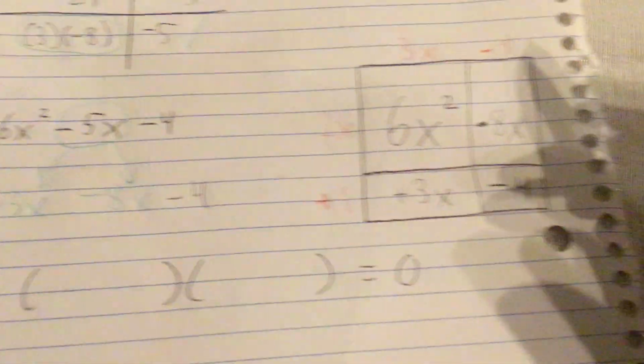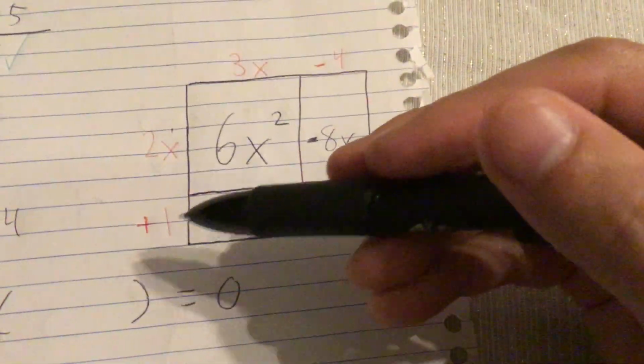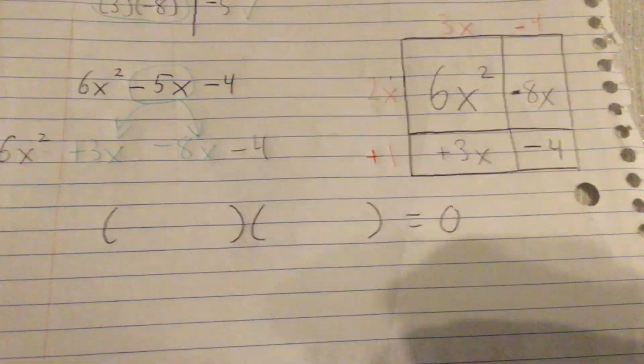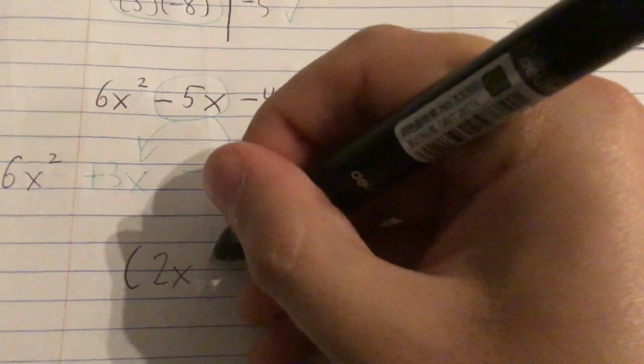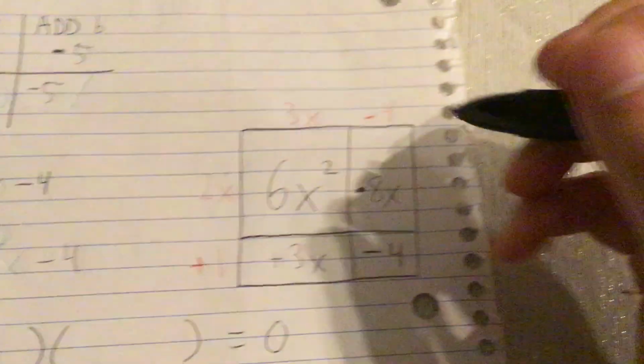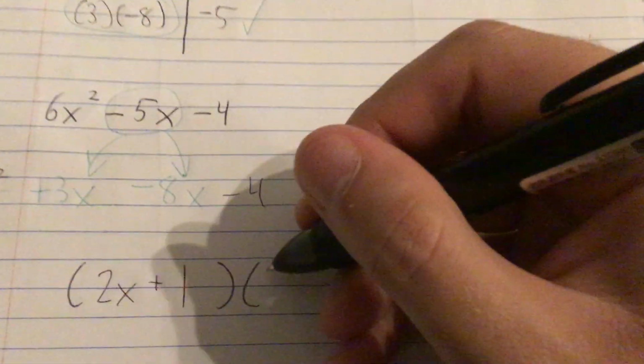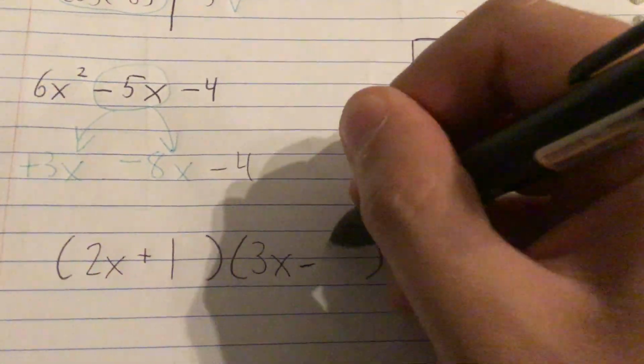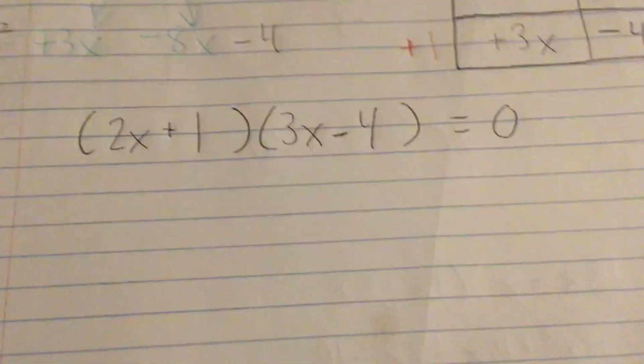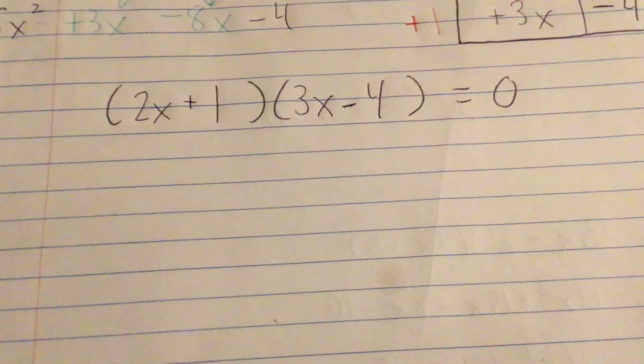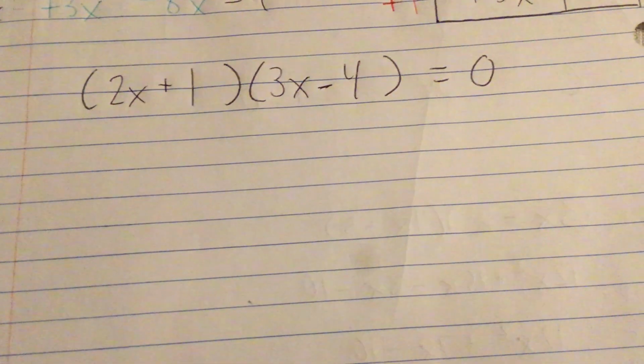Okay, so now let's factor the dimensions out of the rectangle. We factored out 2x plus 1 times 3x minus 4. We did the factoring part. Now, 2x plus 1 times 3x minus 4 is equal to 0.